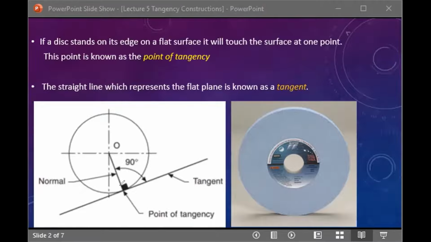The point at which the circular disk is making contact with the flat surface is called the point of tangency. In the case of this round structure standing on the flat surface, this is its point of tangency. Now the straight line which represents the flat plane, that is what we call the tangent.